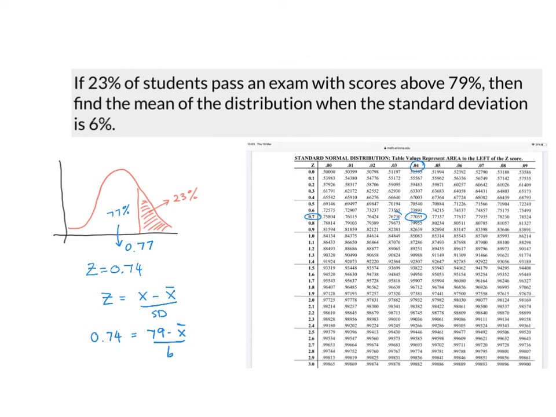So if we cross multiply, 6 times 0.74 will give us 4.44, and that equals 79 minus the mean. If we bring the mean to the left and the 4.44 goes the other way as a minus, we will get the mean equals 74.56. And there's our answer, 74.56 is the mean.